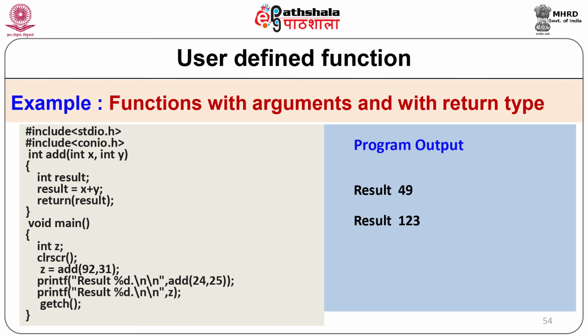In this function, the calling function passes argument to the called function, and the called function returns some value, like the called function returns 49 and result is 123. So, the called function returns value 49 and 123 back to the calling function.